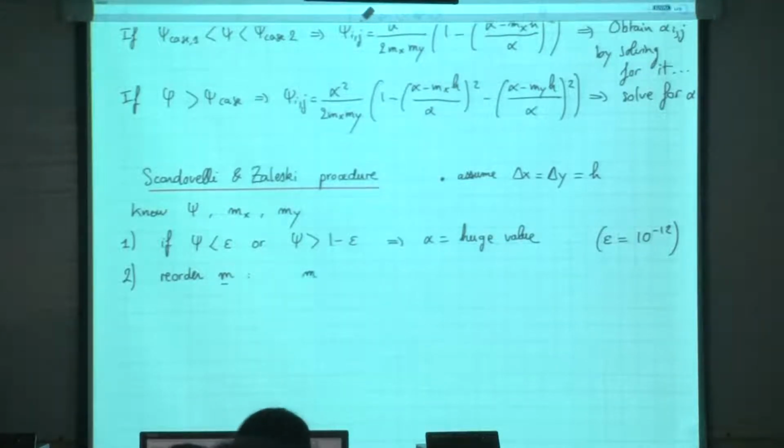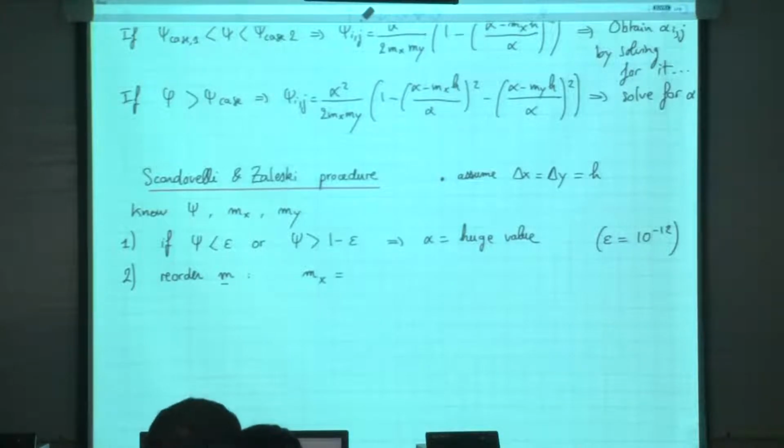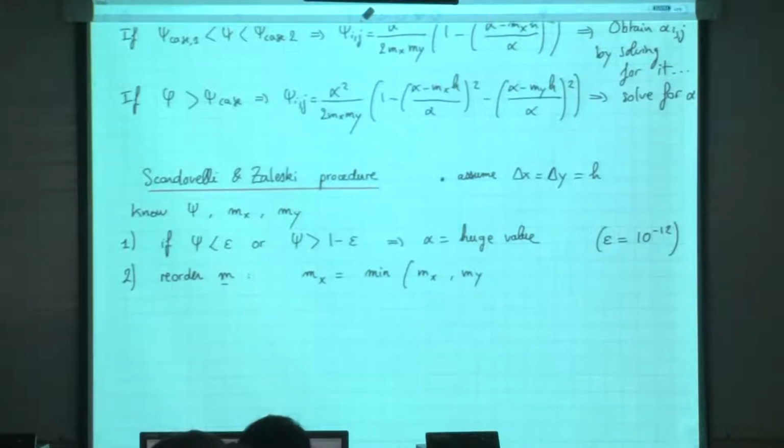I'll do that by setting mx to be the minimum of mx and my, and my to be the maximum of mx and my. I'm not going to stop here.